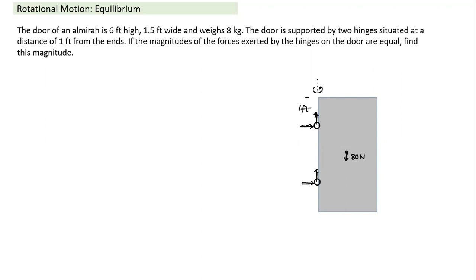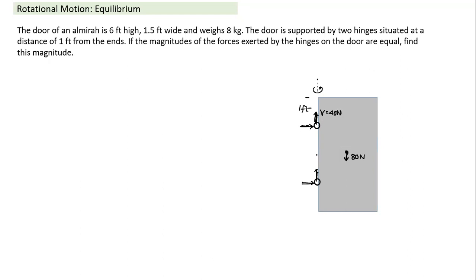And additional information is given. The magnitude of force exerted by the hinge on the door are equal. So if forces are equal, first of all, if I call this V, the vertical component, and this also a vertical component, both have to be equal magnitudes. So this vertical component will be equal to 40 Newton.